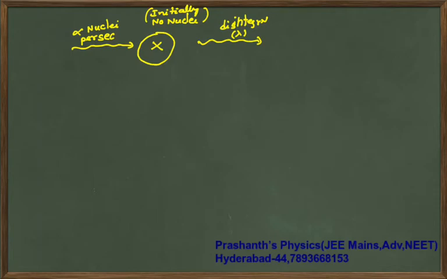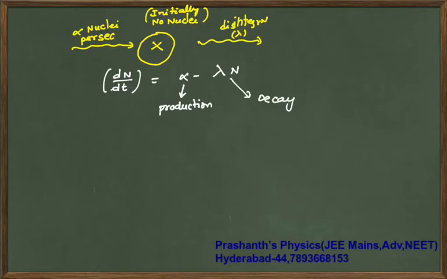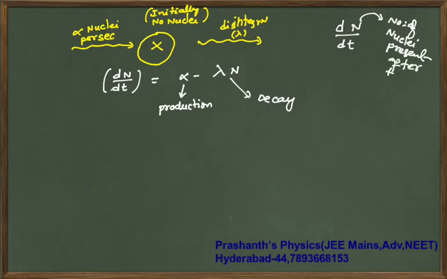Now your rate of change dN by dt is alpha minus lambda N. Why? Because this is your production and this is your decay. In dN by dt, N means the number of nuclei present after time t.